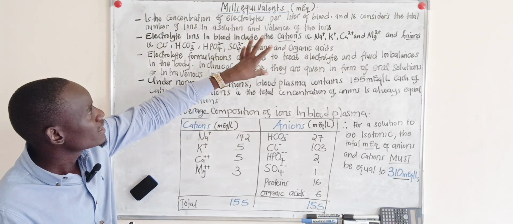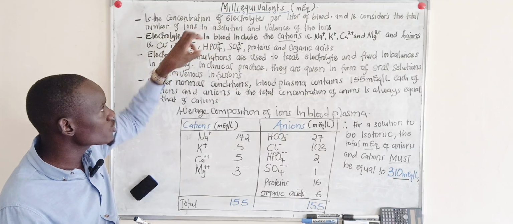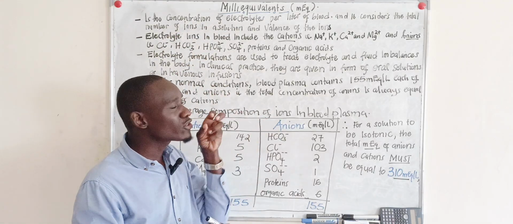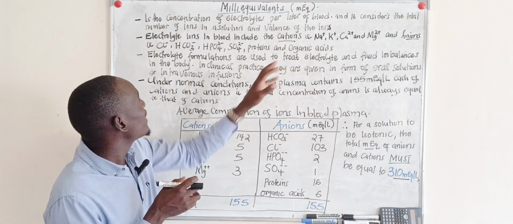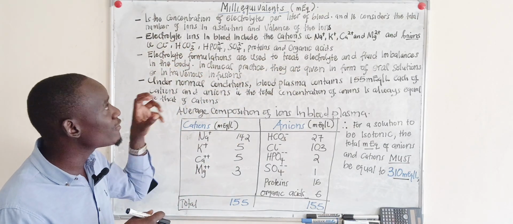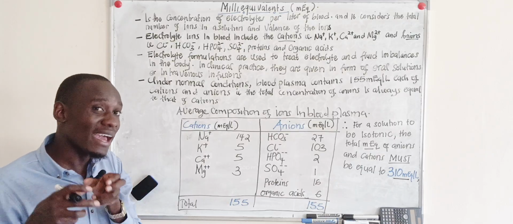Since it expresses the concentration of electrolytes per liter of blood, it considers the total number of ions in that solution and the valence of the ions.